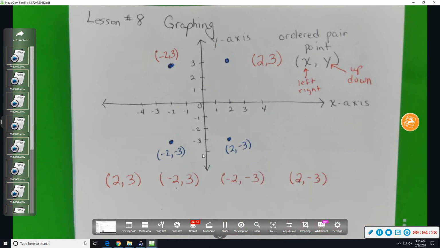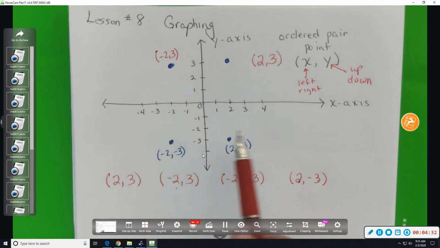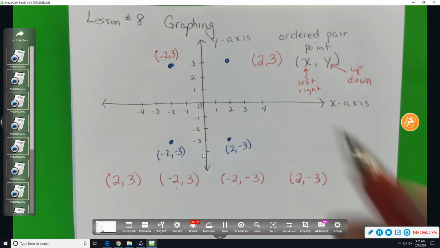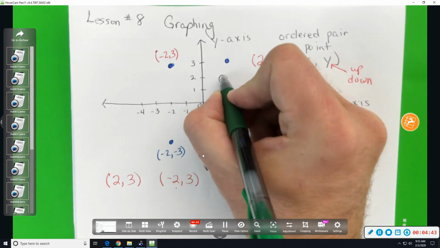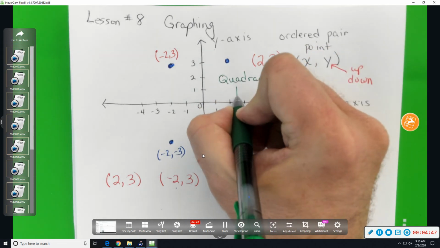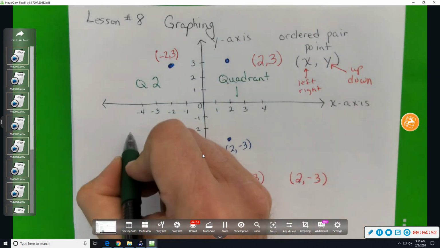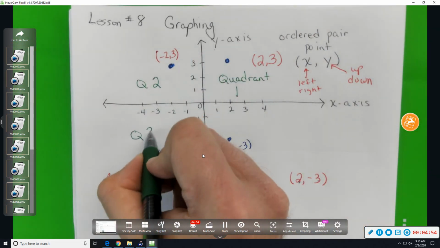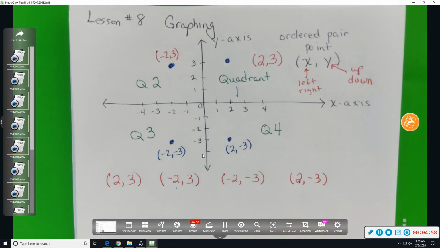Notice how the x-axis and the y-axis break up this region into 4 smaller regions. Each one of those regions we'll call a quadrant. And you number the quadrants like this. Quadrant 1, quadrant 2, quadrant 3, quadrant 4.